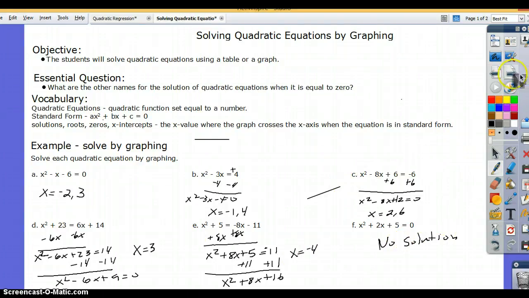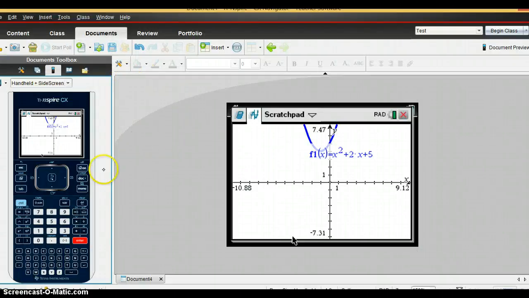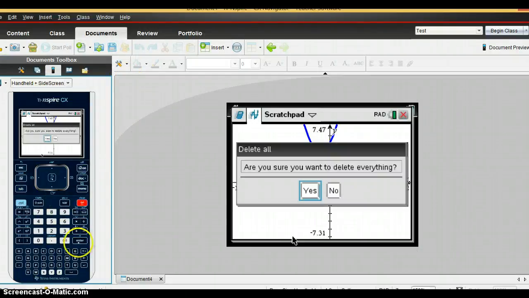Alright, and then sometimes you have moments where we have to estimate them. It may not hit an exact number. Okay, so we're going to solve these two by graphing and estimate them by stating which consecutive integers they fall between. Alright, so we're going to clear.